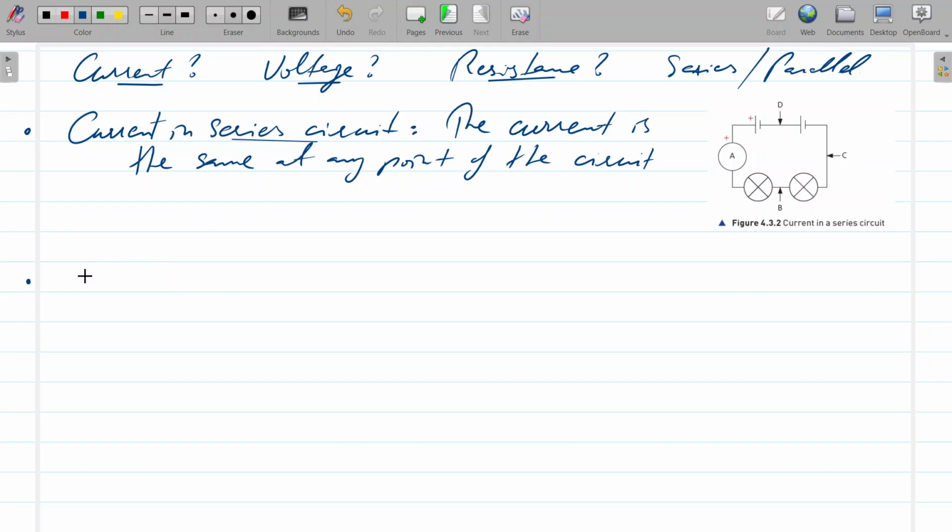Then you have the potential difference. Well, no, actually, current in a parallel circuit, we're doing that first. And so let me put the image up over here for that.